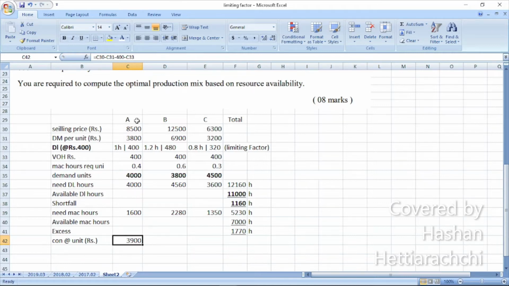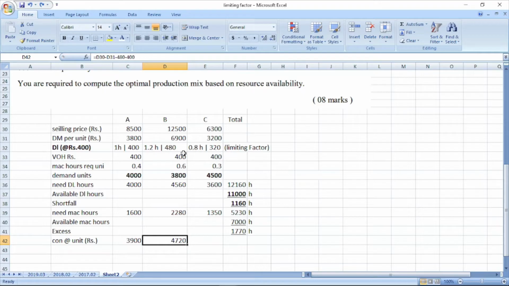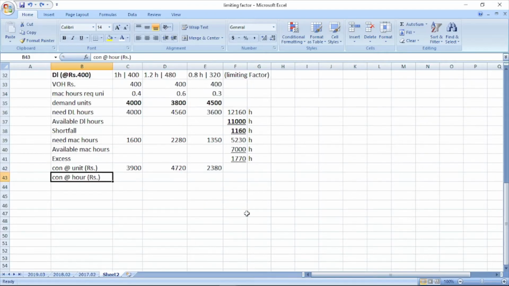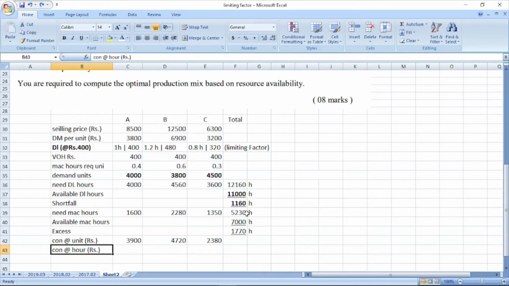It is the contribution of product A. Product B: 12,500 selling price minus 6,900 direct material minus 480 direct labor minus 400 variable overhead, it is 4,720. Next product C: 6,300 minus 3,200 minus 320 minus 400, it is 2,380.